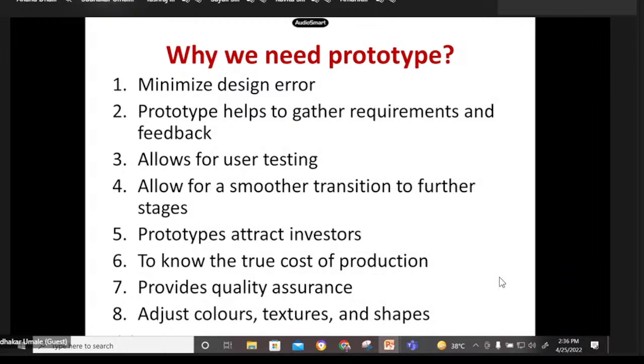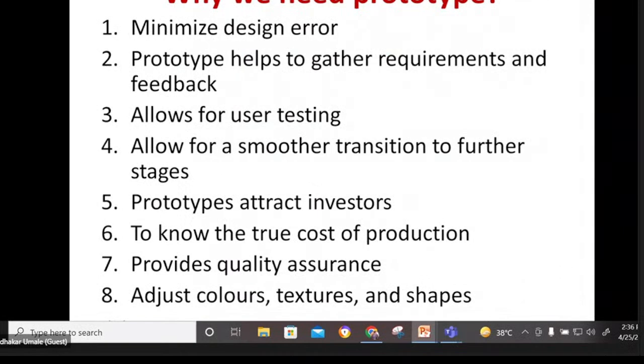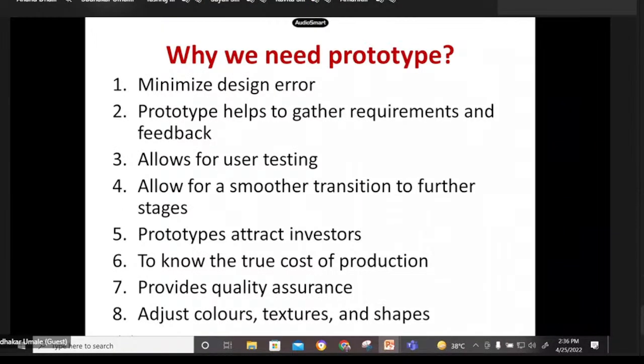Prototype helps gather requirements and feedback. If the prototype is wrong or not as per the requirements, we will get feedback from the customers, manufacturer, and stakeholders, and we gather those requirements and feedback, and we iterate the prototype to get the correct product.